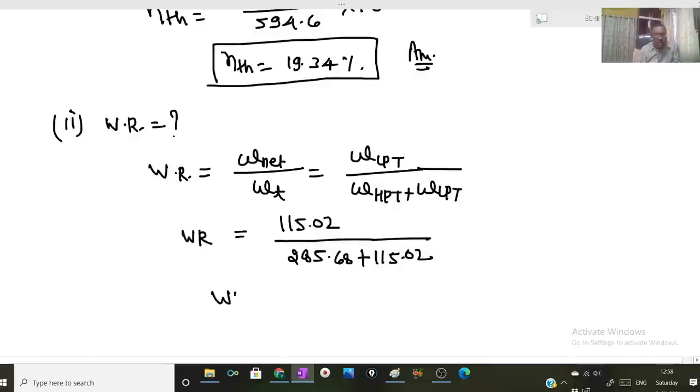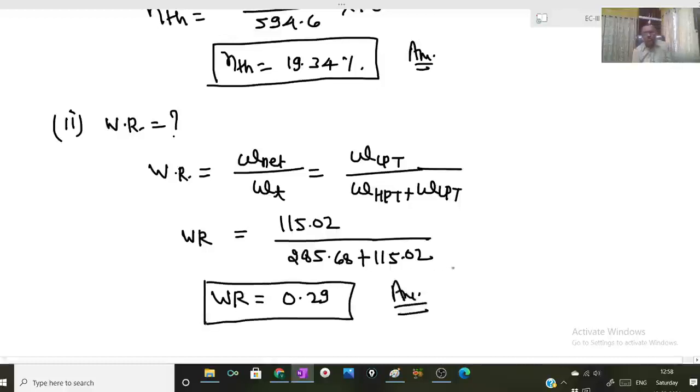So the work ratio will be 0.29. This will be answer 2. Okay. Here WHPT is CpG into T6 minus T7 dash.